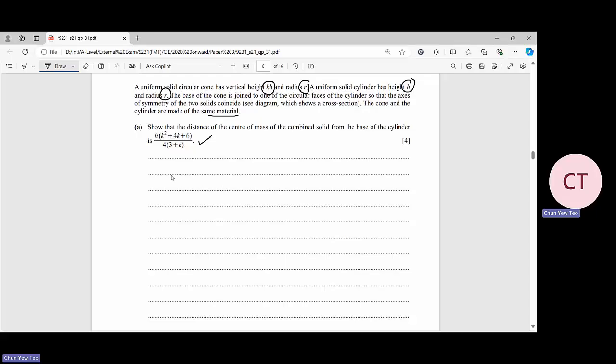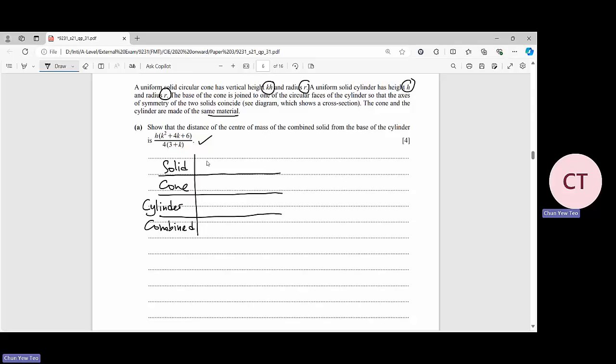So for these questions, usually we just build the table. Okay. So we have the solid. This is the cone. Then this is the cylinder. Okay. And we have a combined solid.